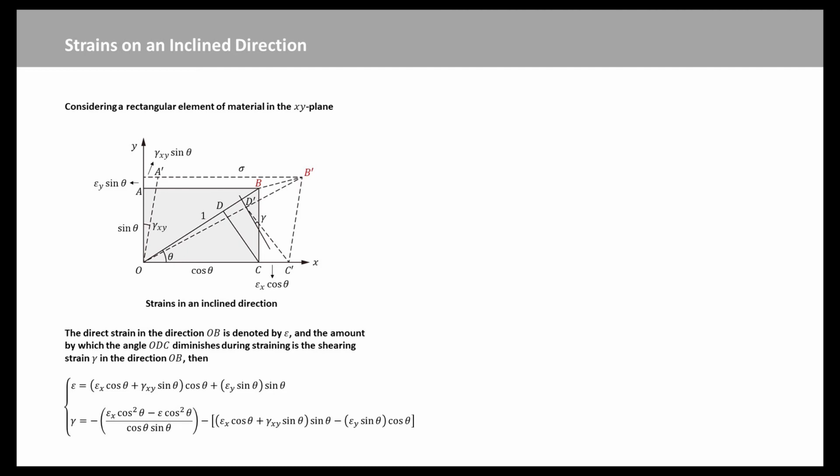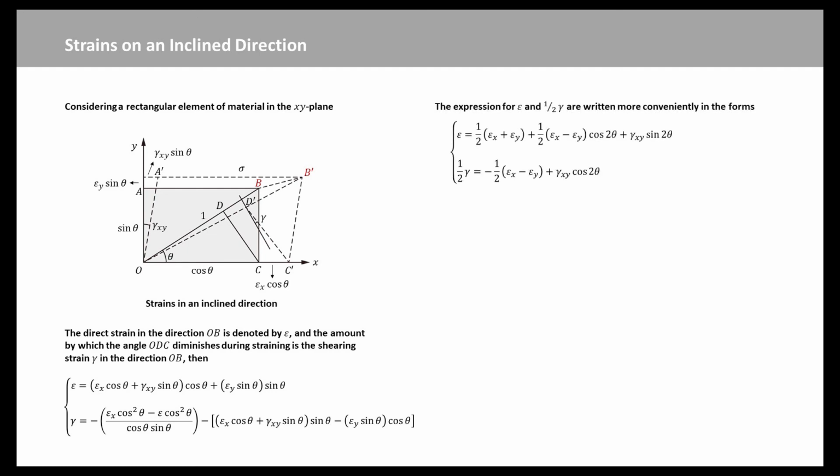OC extends a small amount epsilon x times cosine theta. And due to shear strain, OA rotates through a small value gamma xy. To quantify the movement of B and the rotation of B, we can obtain the two expressions. After simplification, the forms of normal strain and shear strain can be obtained.